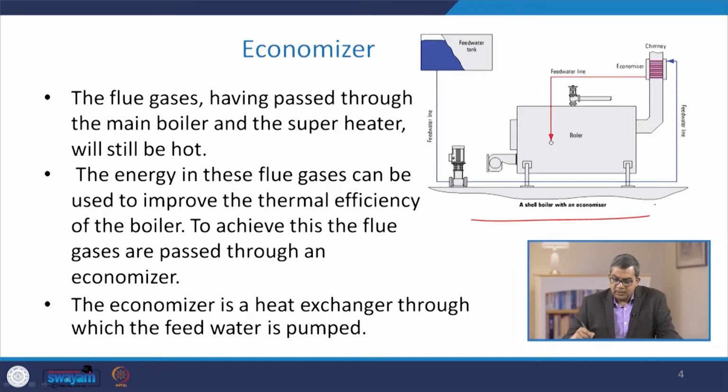This is the feed water tank, and this feed water line comes this way to the pump and the boiler. Here you see that this is the chimney through which we are passing the flue gases, and this is the economizer through which we are preheating the feed water so that the thermal shock to the boiler can be avoided.